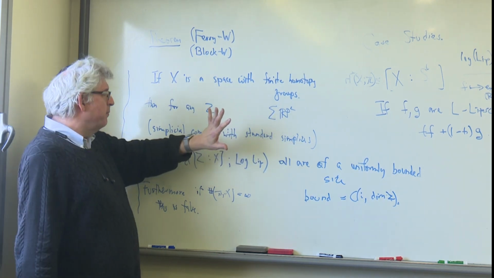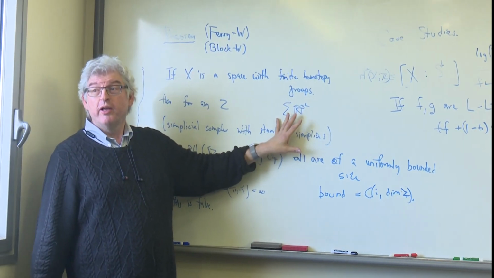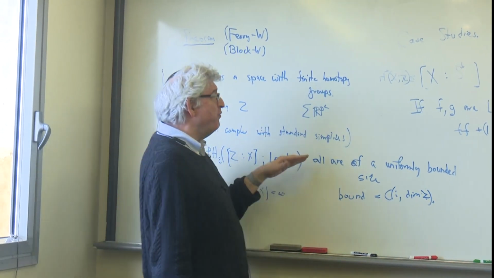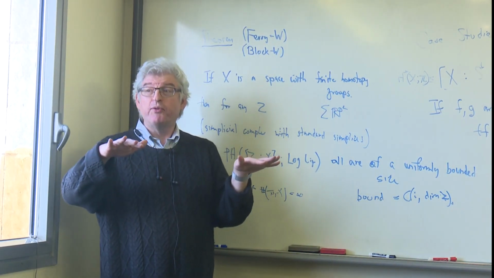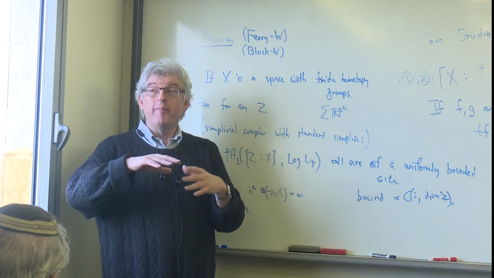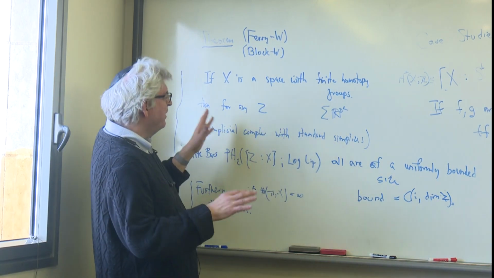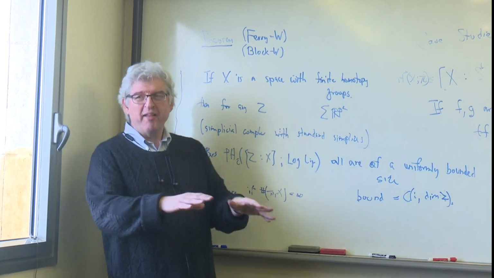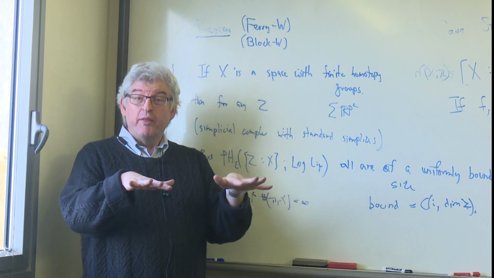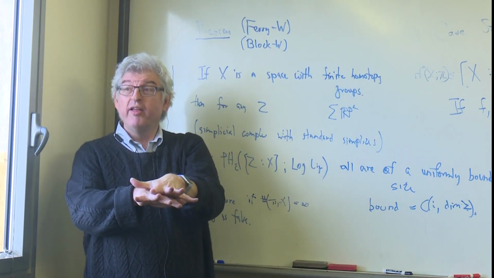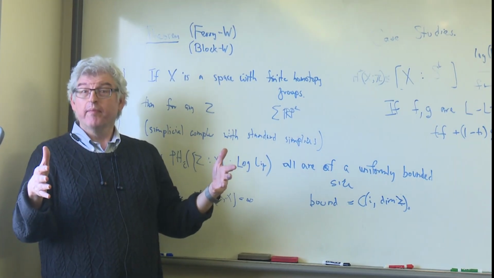I don't think I have time to explain much about it. So what this says is that, in particular, if I apply it to pi_0, it says that if I have two maps, F and G, from Z to X, and they are homotopic, then for the homotopy that exists, I can actually bound what the Lipschitz constant is.